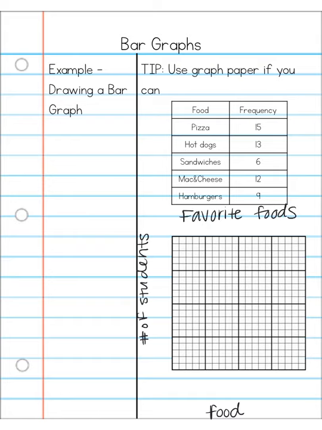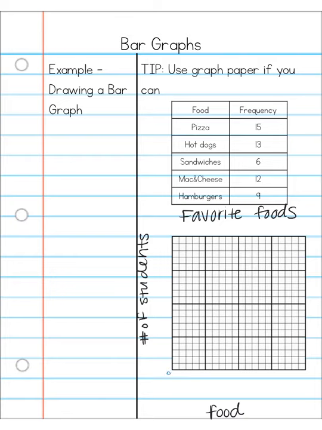The next thing we need to do is decide on a scale. So I have frequencies of 6, 9, 12, 15, and 13. So I can do a number of different things. I can count by ones, I can count by twos, I might even be able to count by threes with the exception of 13. So let's do twos for this one.